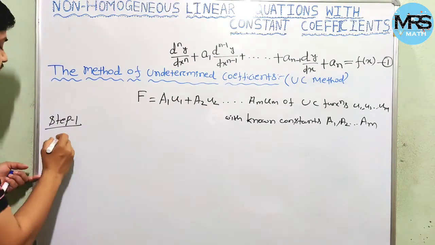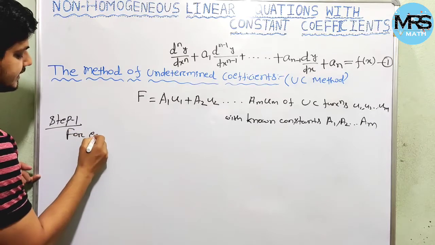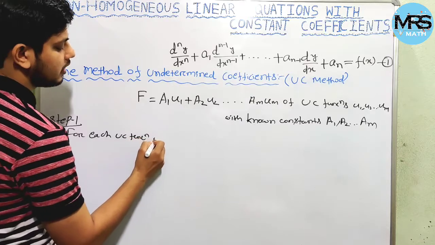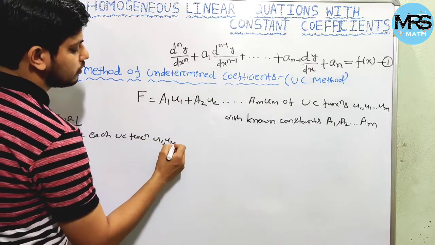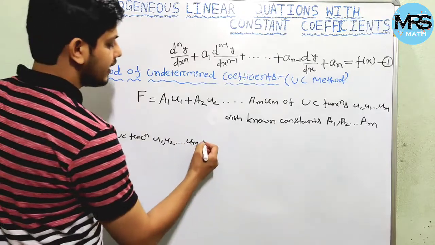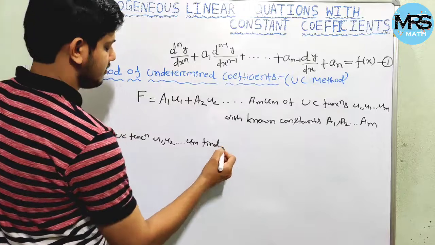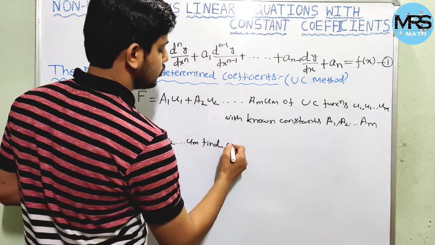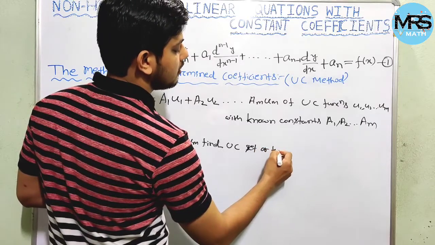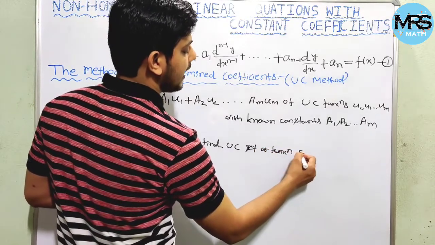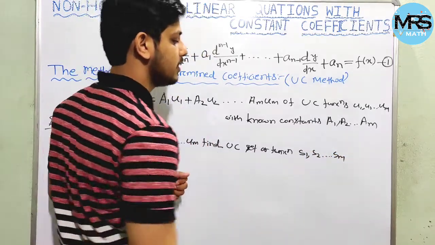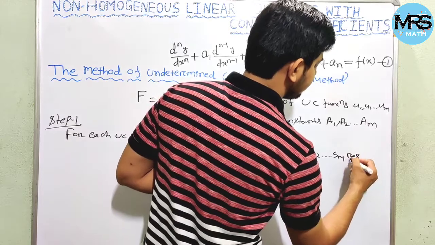So write down, for each UC function u1 u2 up to um, find the UC sets of the functions, s1 s2 up to sm respectively.